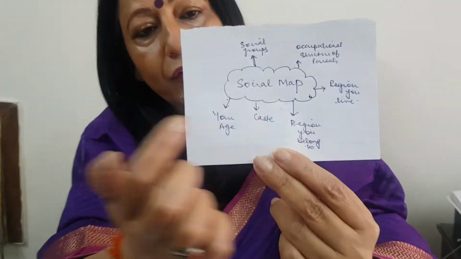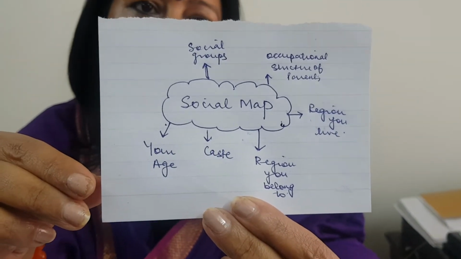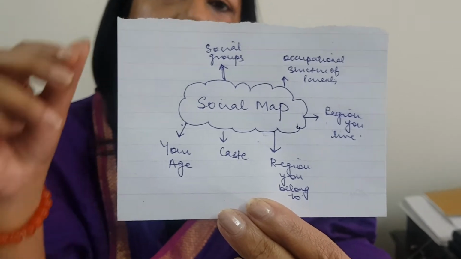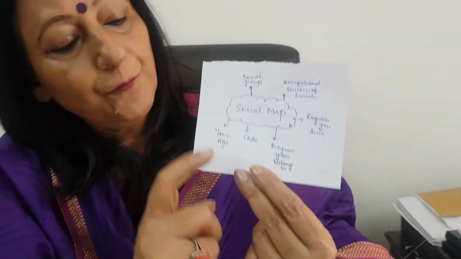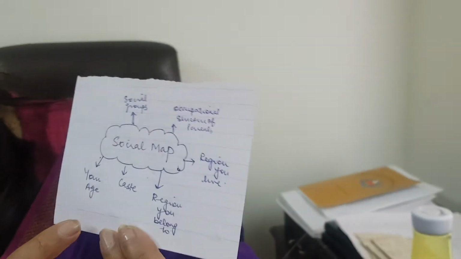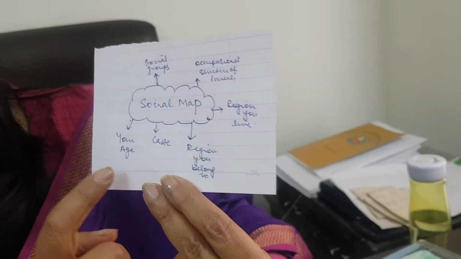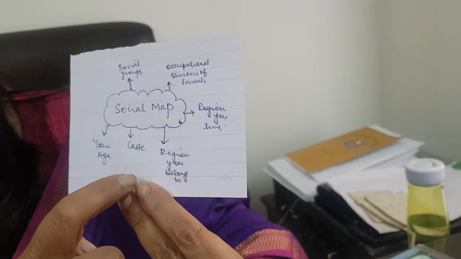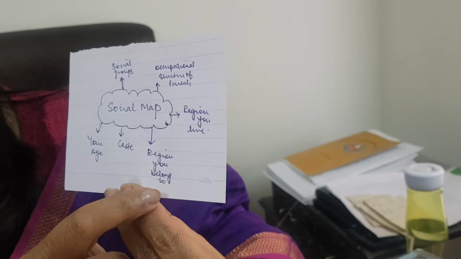Suppose I would want you to create a social map in your notebooks. Children, you are expected to create a social map. When you create it, what is your age? What is your caste? What is your nationality? What is the region you belong to?